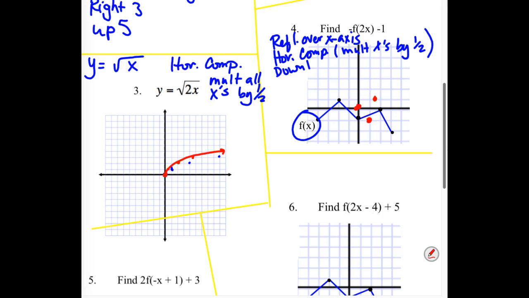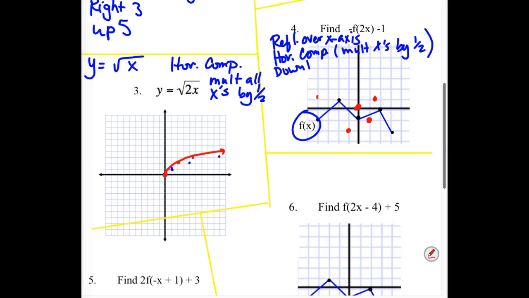Okay. Next point. Reflecting over the x-axis puts me down here. Compressing it. Right now I'm at -2 for an x-coordinate. I'm going to compress that to half its size, -1. And then I'm going to shift it down 1. I'm going to land there. And my last point, reflecting over the x-axis puts me up here.